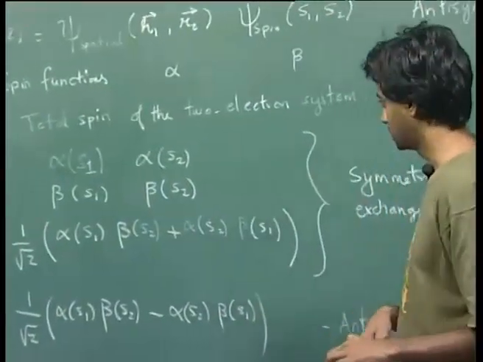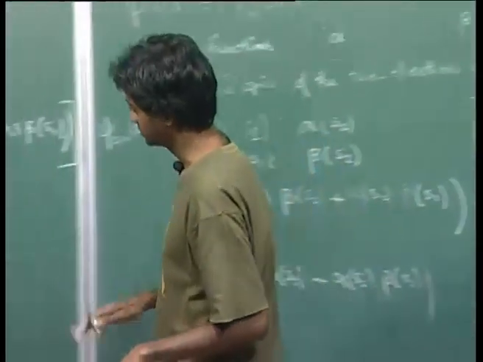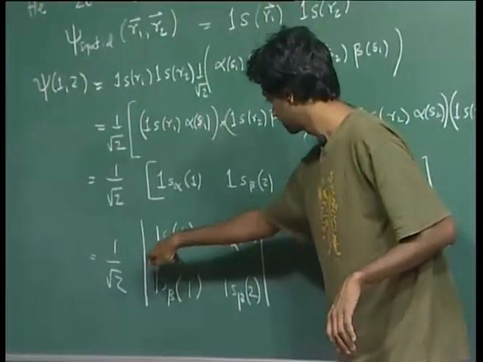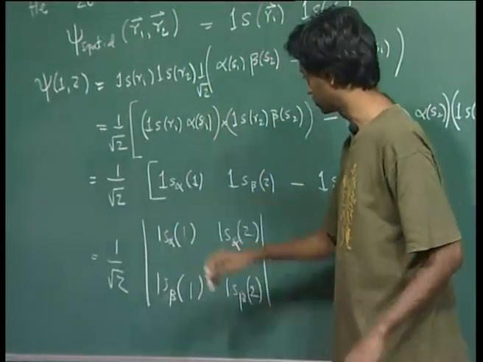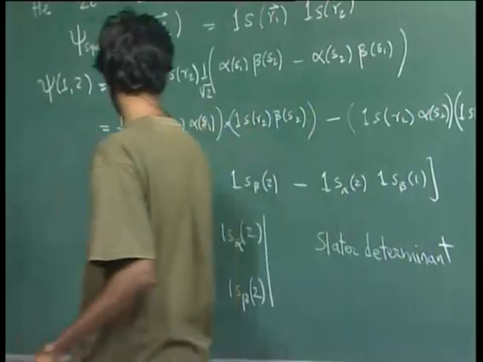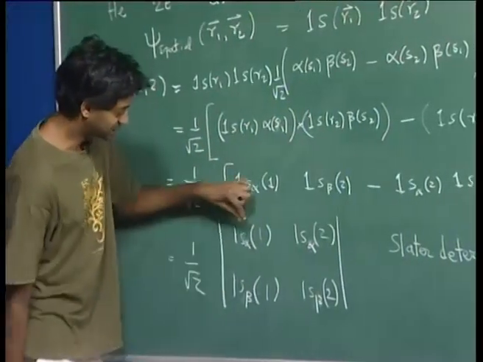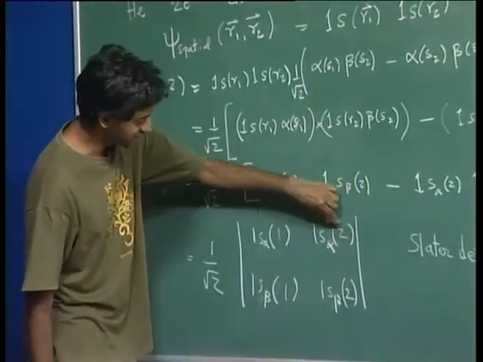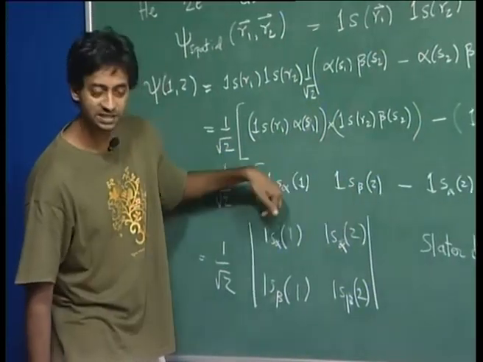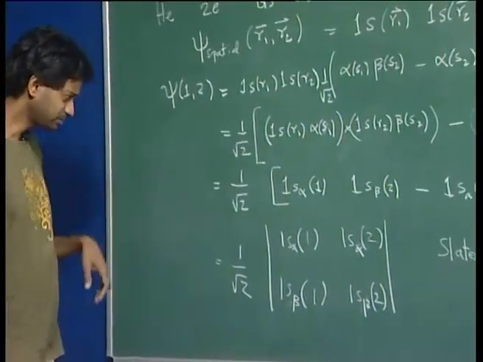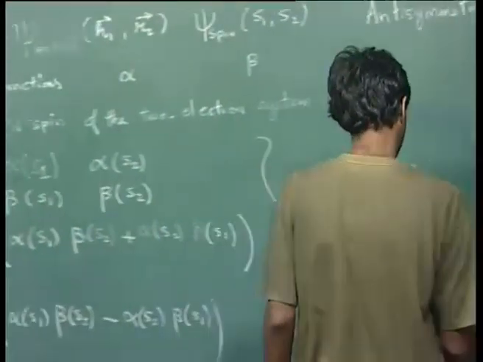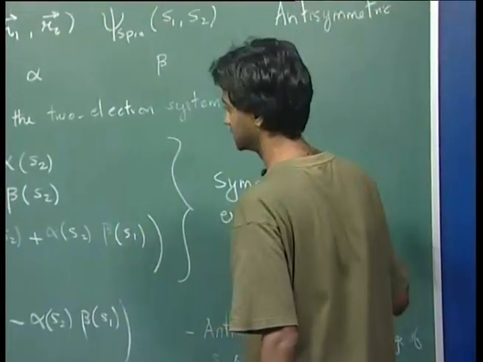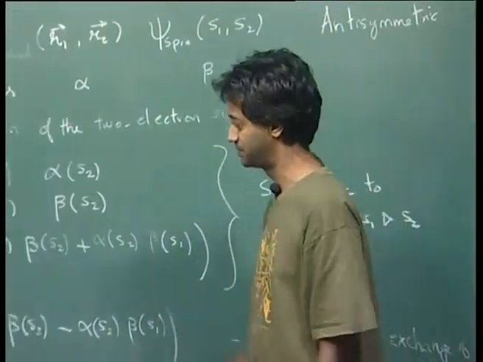Because of the nature of determinants, the total wave function will be antisymmetric, since switching the coordinates of any 2 electrons is like changing 2 rows of the determinant. So this can be extended to a many electron system, and you can easily show how to extend this, and that is what we will do next.